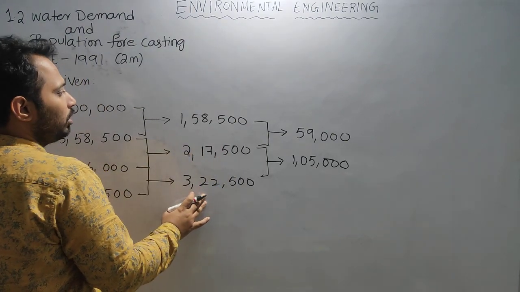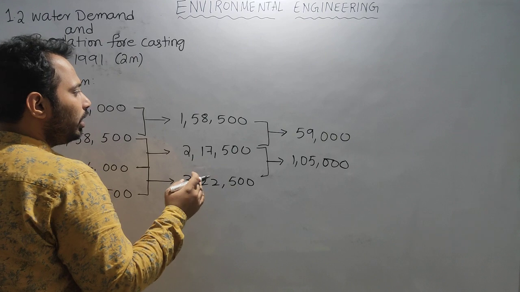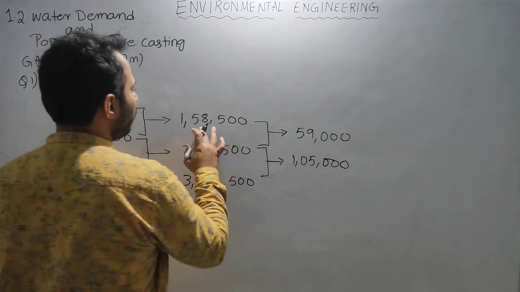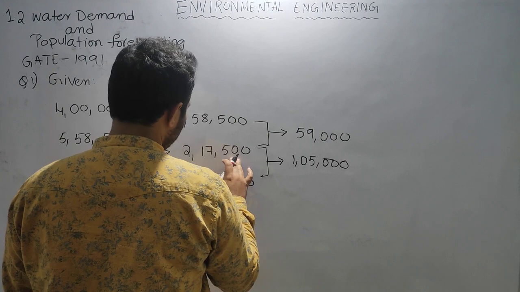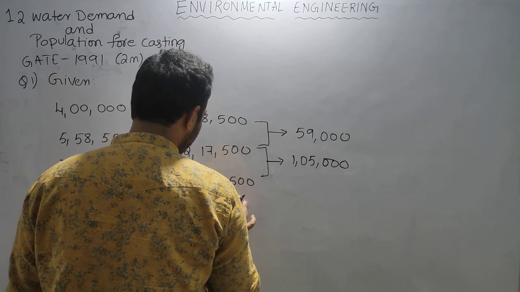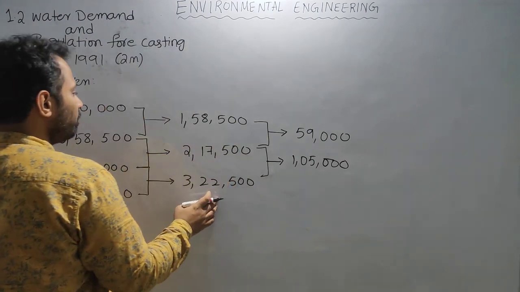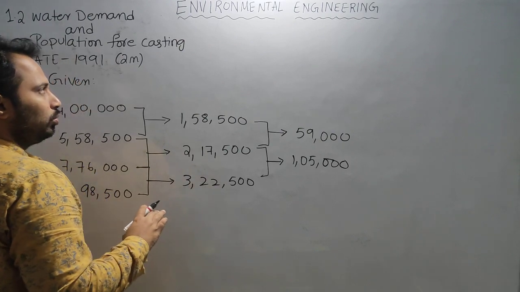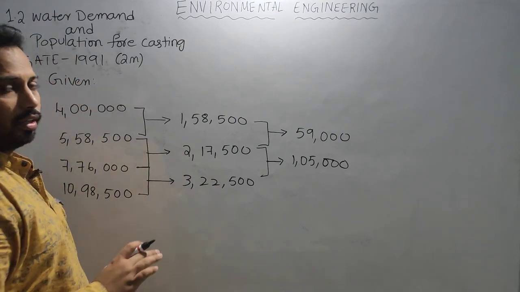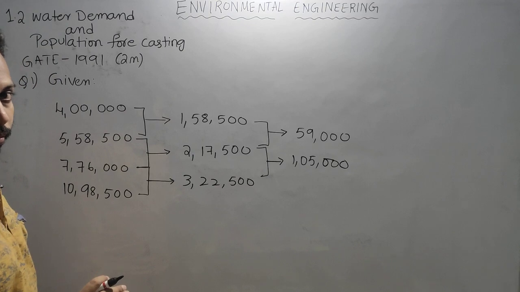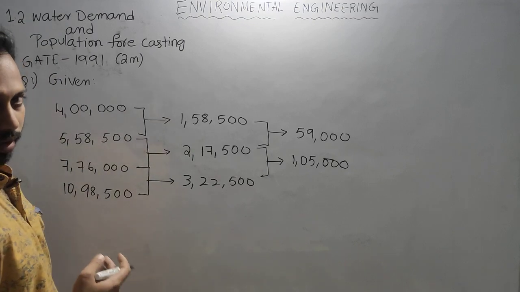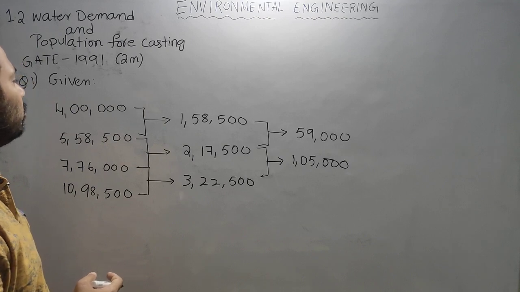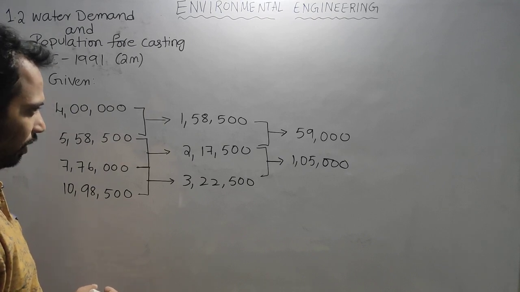If 1.58 multiplied by some factor gives the next value, and the same factor works again, then you need to go for the geometric increase method. That means the population is growing in an exponential way.